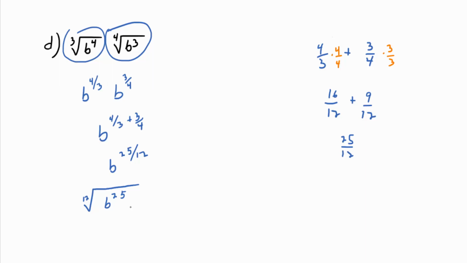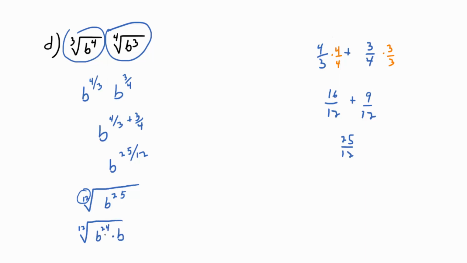We can certainly simplify that, right? What kind of powers do we look for? We want to look for perfect 12th powers, don't we? So we can take those out of the radical. So what's the next perfect 12th power down of b, down from b to the 25? B to the 24. So you could rewrite this as the 12th root of b to the 24 times what?